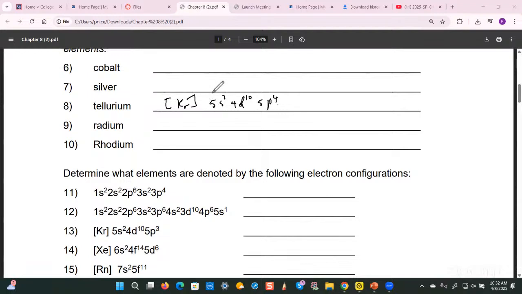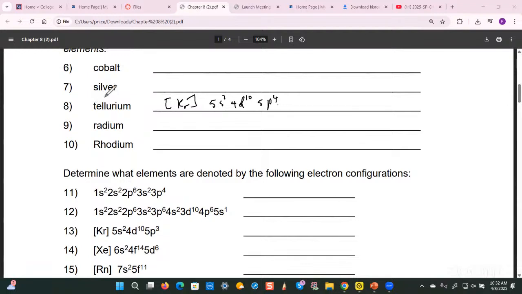And you do the same thing, fellas, like in the case of radium, radium will be 86 for radon, and 86 goes up to 6p. So that's 36, 38, 48, 54, 56.